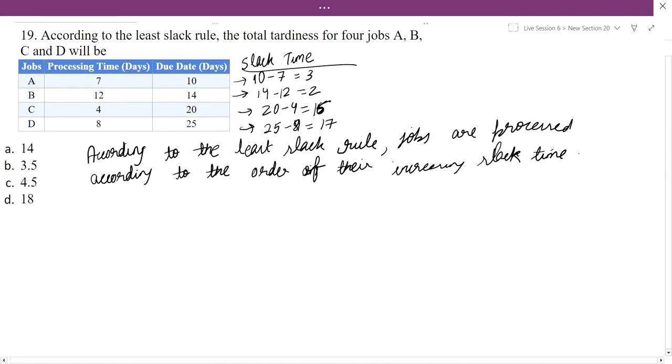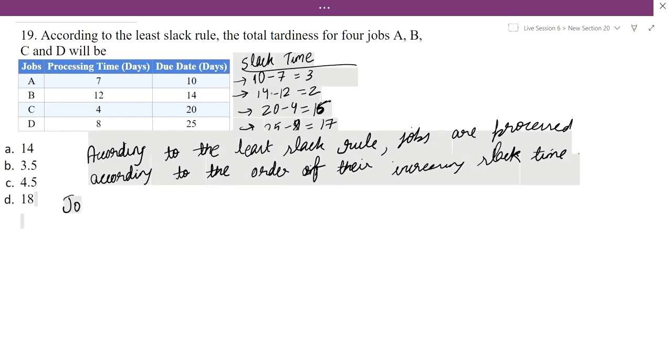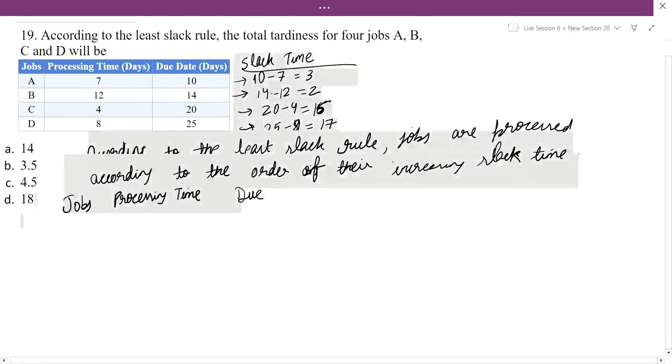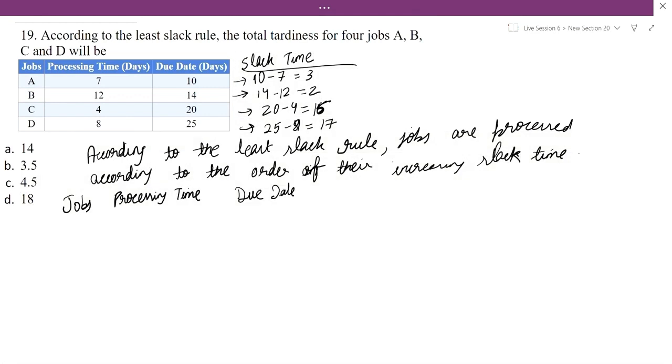Now we will prepare the columns again. First one is jobs. This is processing time. This is the due date. This is the job flow time. And this is the tardiness column.